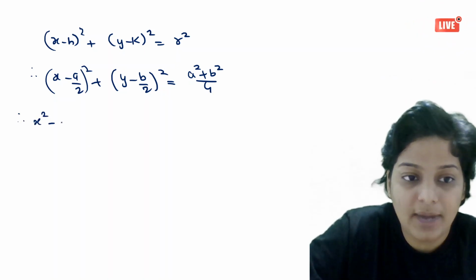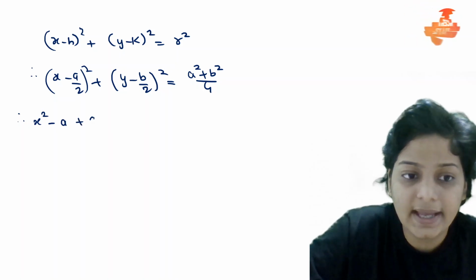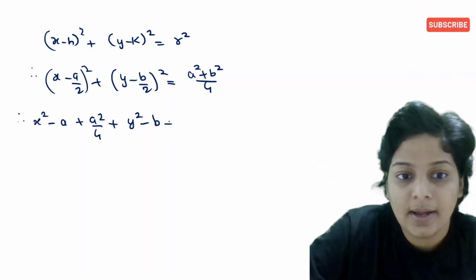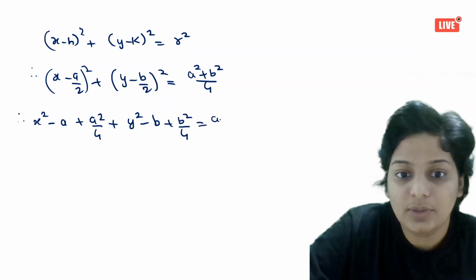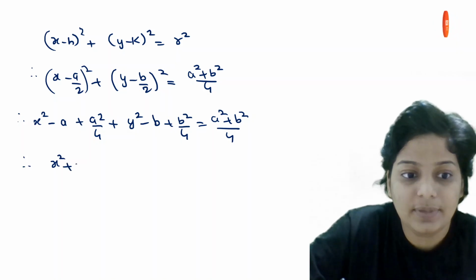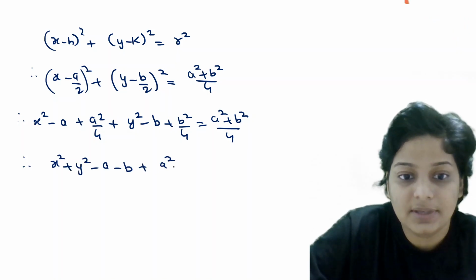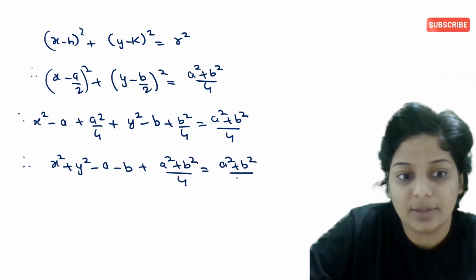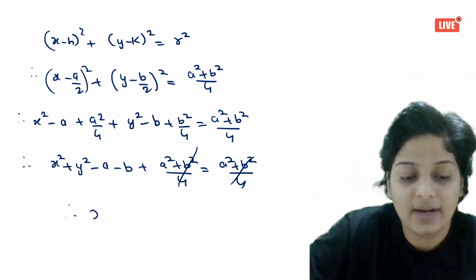It's x square minus ax plus a square by 4 plus y square minus by plus b square by 4 is equal to a square plus b square by 4. Cancel out and we get the equation.